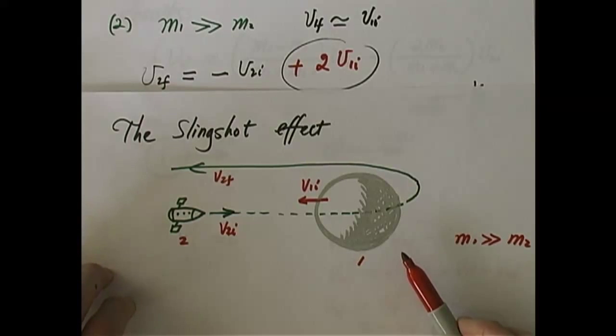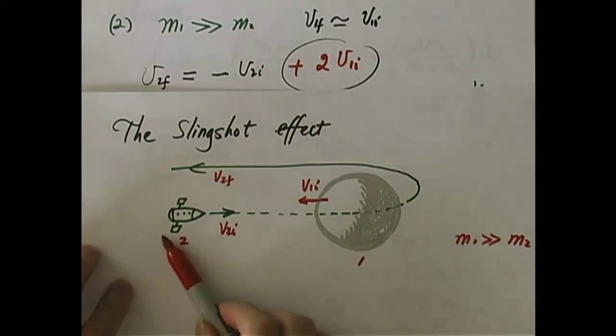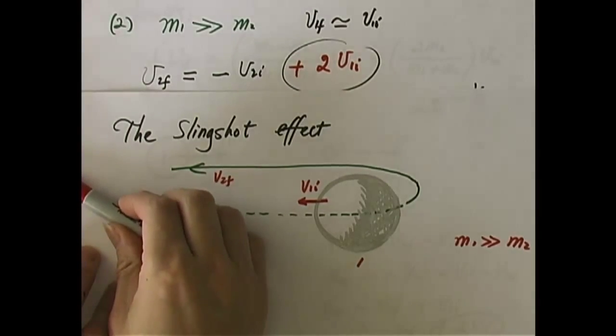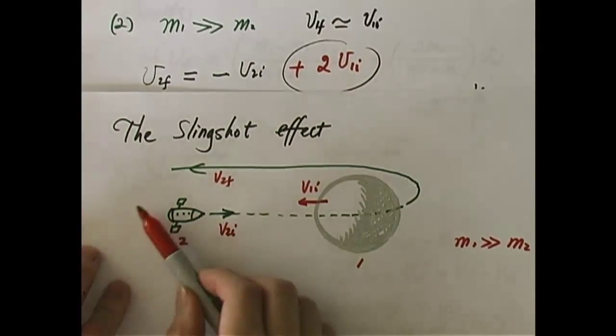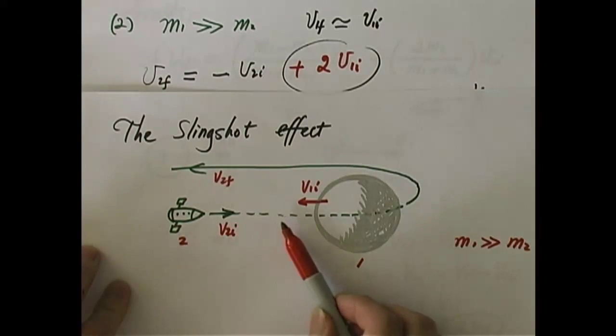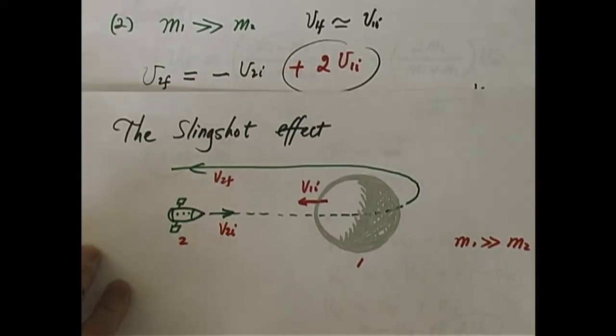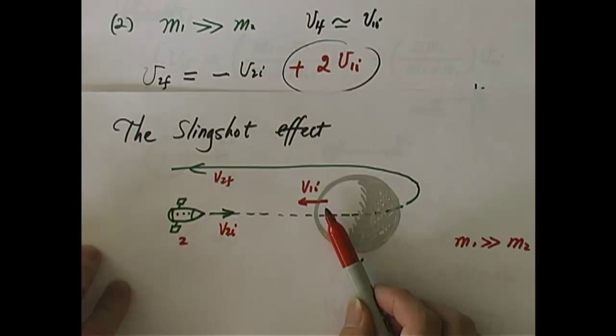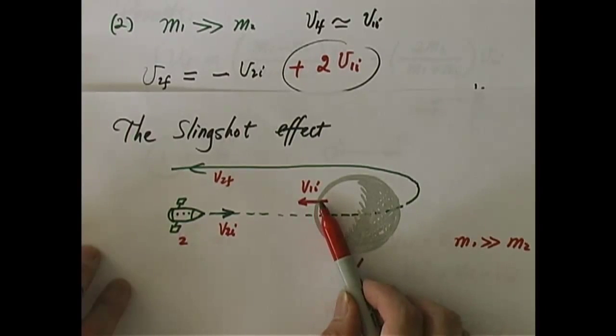And that slingshot effect is frequently used in space probe launches. So you can, for example, launch something, you want to go somewhere out there, but instead of going there directly, what you do, you fire the rocket towards a certain planet. And then because of the time of the year, that planet at that time is actually approaching you.